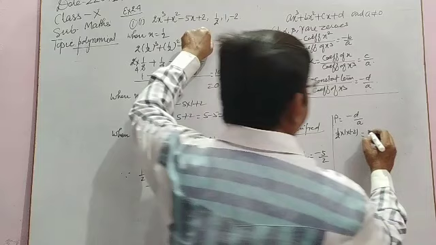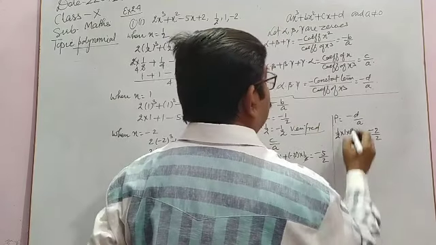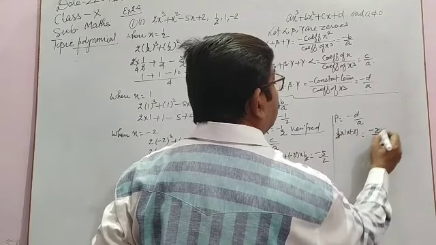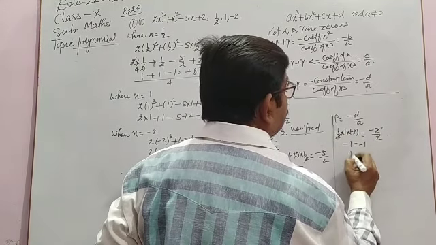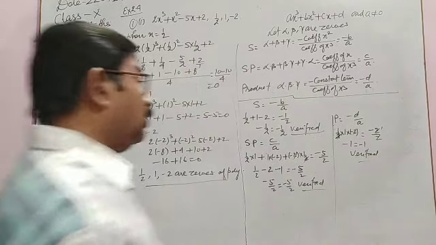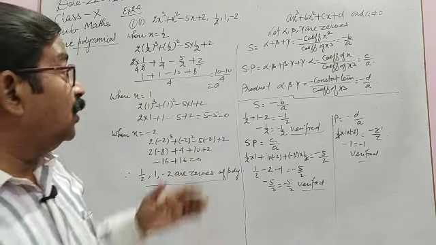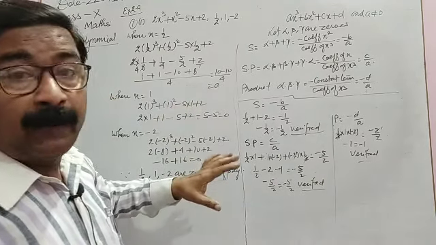Here we have minus 2 upon 2. So the 2 and 2 will go, and minus 1 is equal to minus 1. Verified. So this is how we verify the relationship of the zeros.